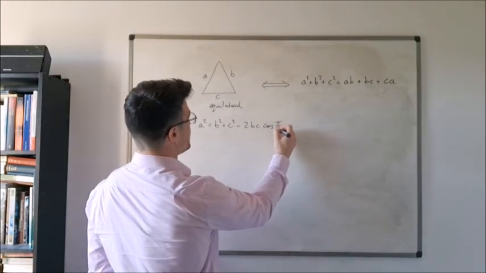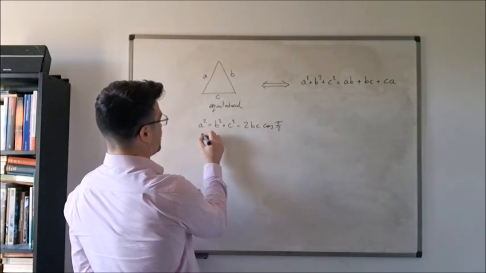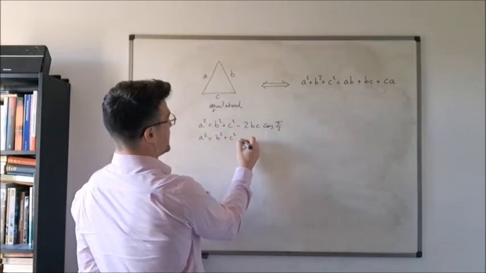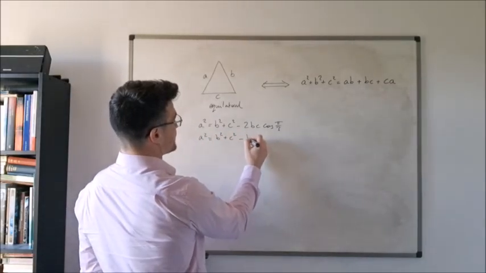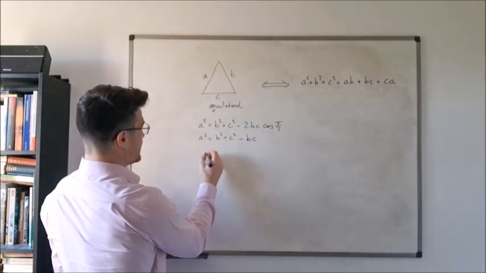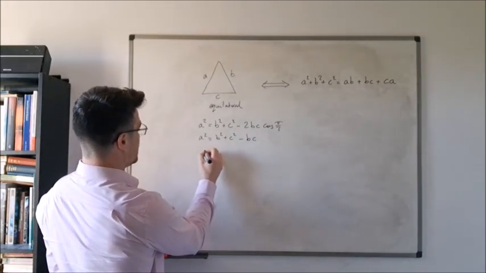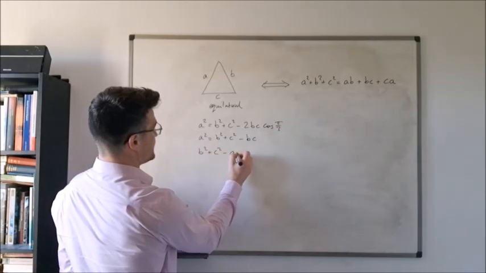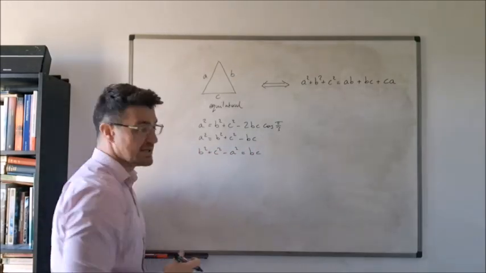Cos pi by 3 is a half, so we get a squared is equal to b squared plus c squared minus bc. And therefore, rearranging this, we get that b squared plus c squared minus a squared is equal to bc.